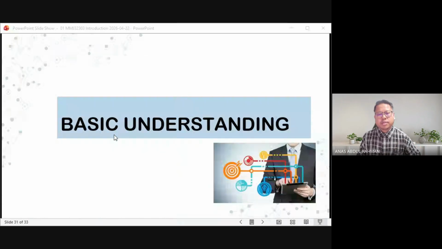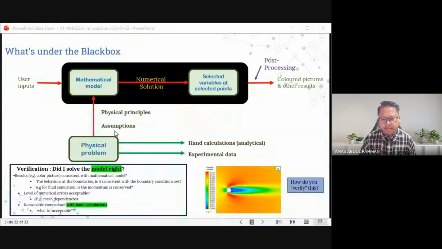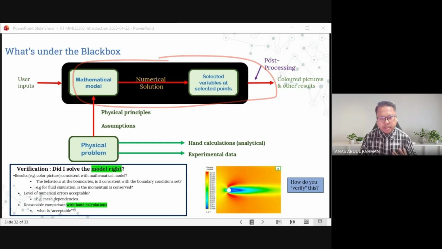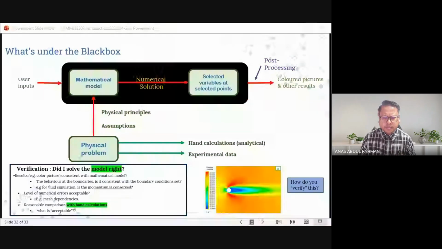Okay, so that's a bit of basic understanding of CFD, basically. This is the summary of the black box. The black box is the tools that you are using. As I emphasize again and again, you need to understand that there are processes happening within the software.